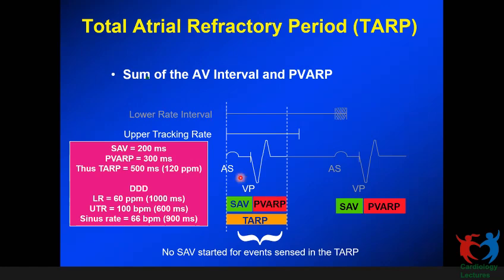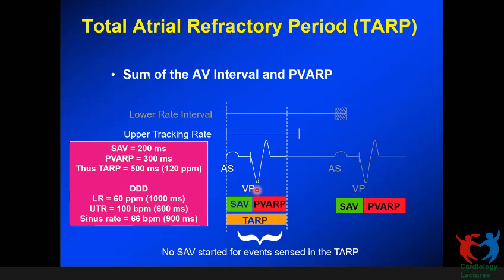Which means, according to this setting, if this patient has a sinus tachycardia at a rate faster than 120 beats per minute, the P to P interval might become less than 500 milliseconds. So the next sinus P wave might fall inside the refractory period, which we do not want.